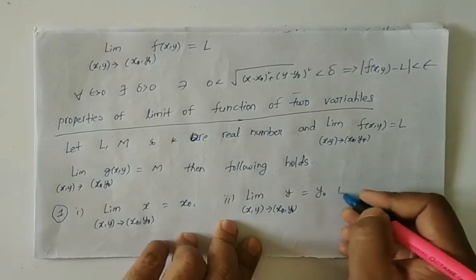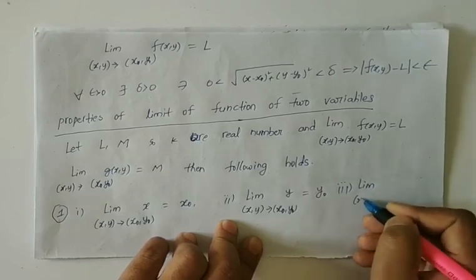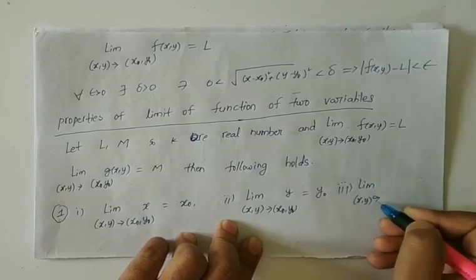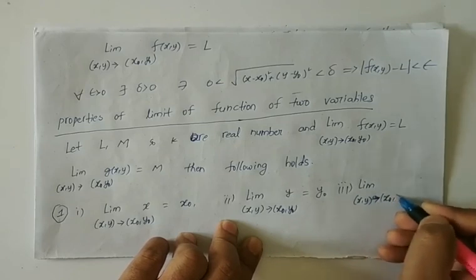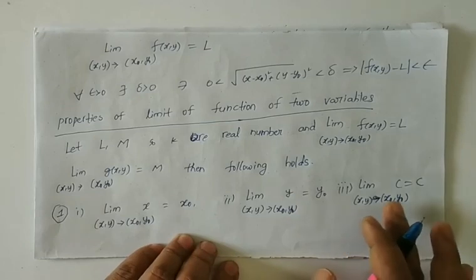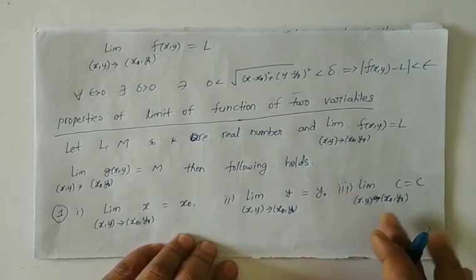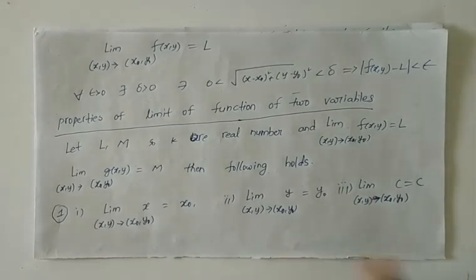Third one, the limit as x comma y approaches x naught y naught of c is equal to c. So if c is any constant, then the limit as x comma y approaches x naught y naught of c is nothing but c. Already we know these properties. This is the first one. Write down the second one.